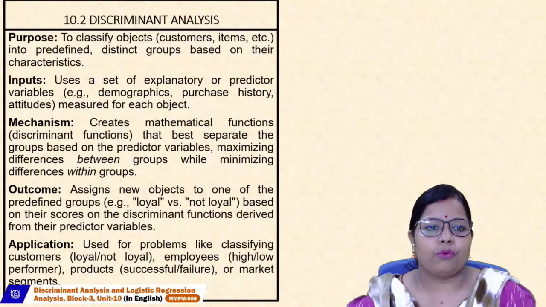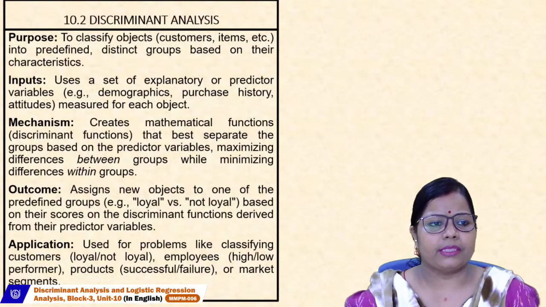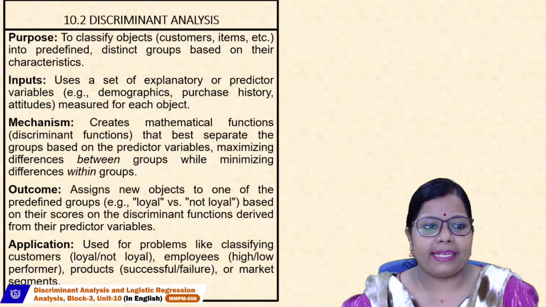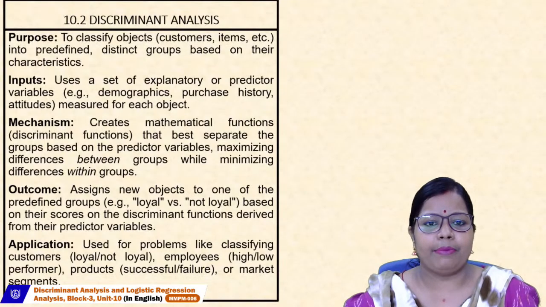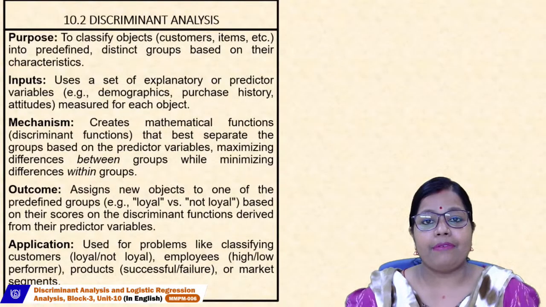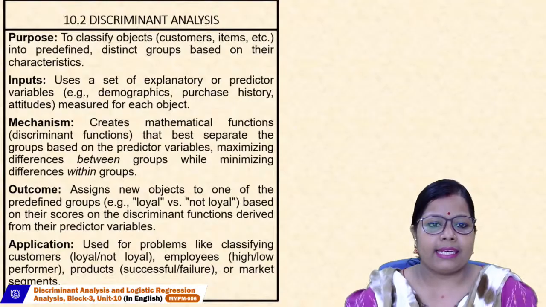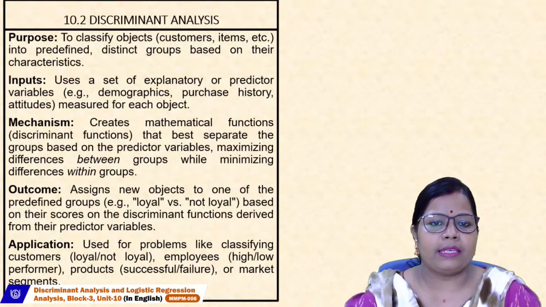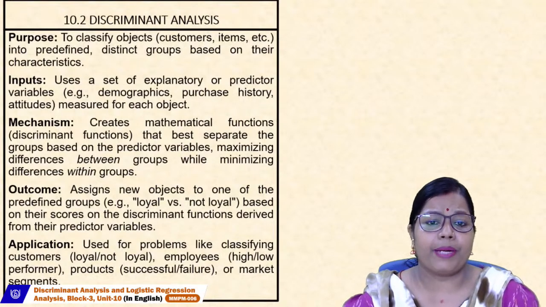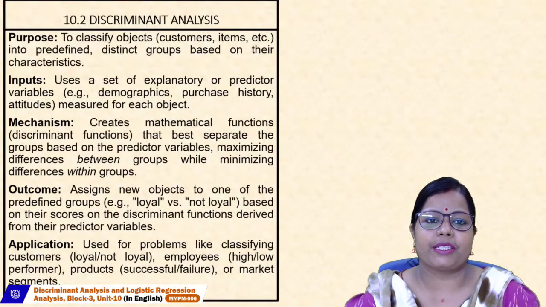According to the research, what we are doing here is classifying the objects. Then we use a set of explanatory or predictor variables. The independent variables will predict the dependent variable, which is the reverse of the independent, or predictor, or explanatory variables measured for each object.